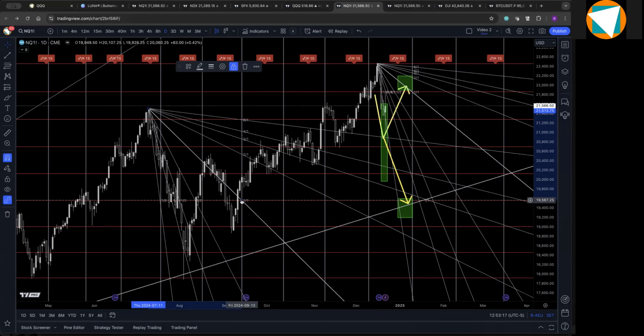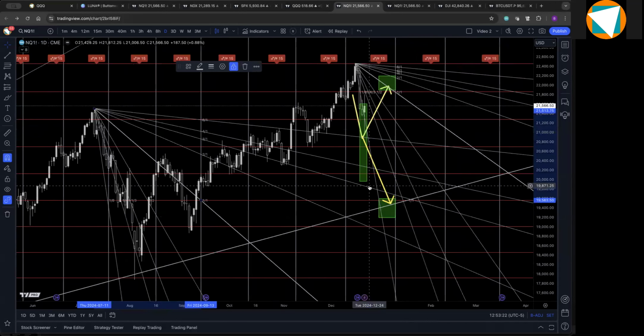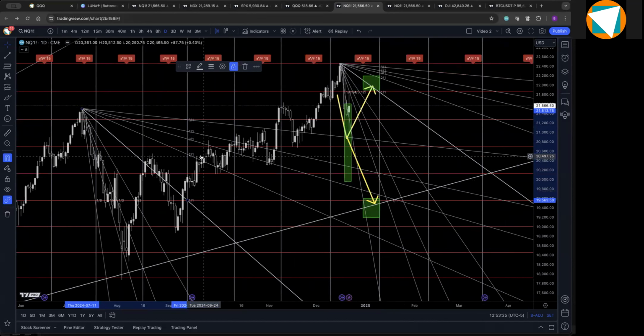And I chose it because I like the way it fits the price over in this area here. Okay. And you can see also how, moving forward from that anchor point, it fit price very nicely over in this area in September, October.